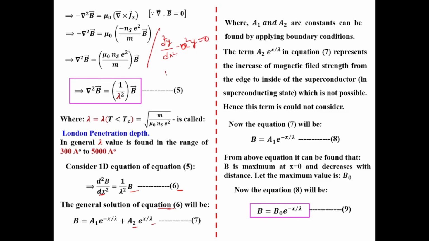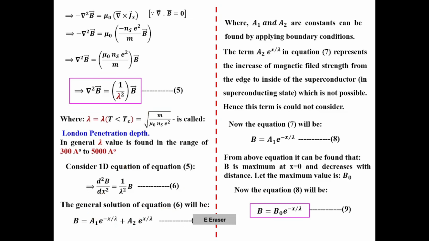Then its auxiliary equation is m square minus a square equal to 0, m equals plus or minus a, and the general solution is A e to the minus ax plus B e to the plus ax. If I compare this equation with this one, instead of a we can write 1 by lambda. So putting 1 by lambda instead of a, it will be written as e to the minus x by lambda, and instead of A we have written A1, instead of B we have written A2.